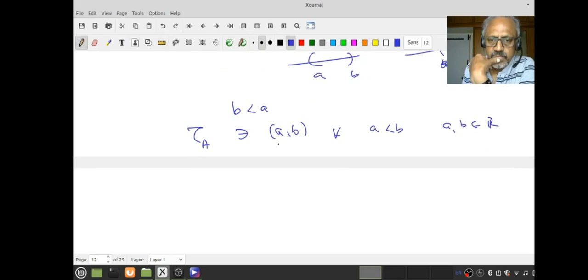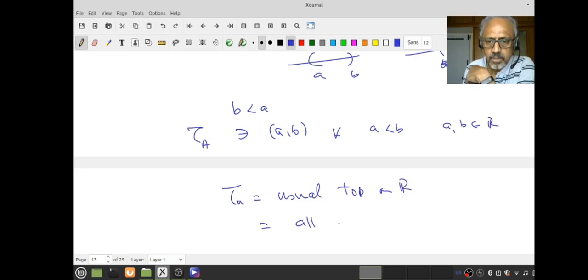Now these are open intervals in R, and therefore an arbitrary union of open intervals must again be in tau A. But the arbitrary union of open intervals is nothing other than tau U, the usual topology on R, because this consists of all arbitrary unions of open intervals. You understand?